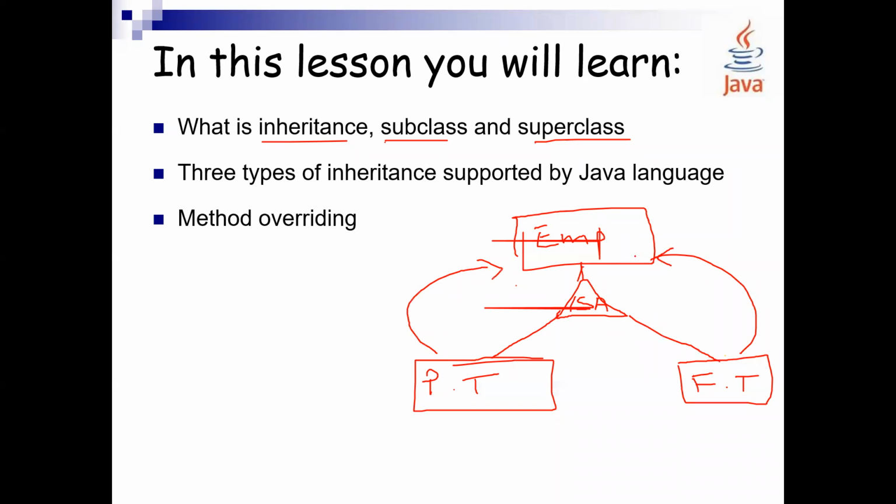So when you go this way, you can define these two as subclasses of one class which is called employee. And this class is also known as a superclass. When we discuss the concept of inheritance, it is paramount to understand the difference between the subclass and the superclass.